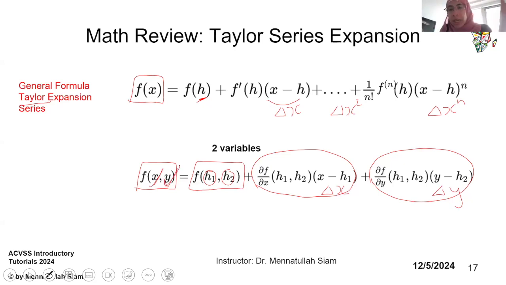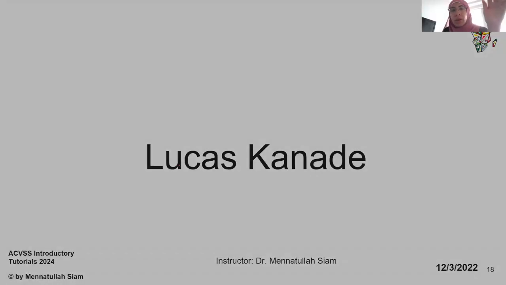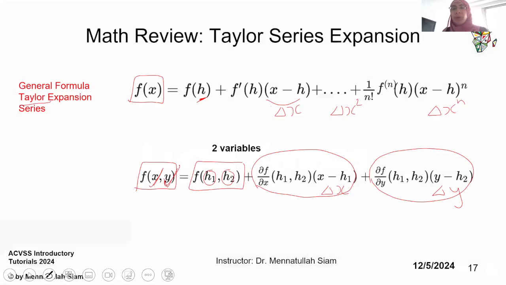Just as a summary, before we go to the optical flow, I want to make sure: does the intuition of the Taylor series make sense, or do you feel like you're still confused? If I ask some of you in layman's terms... okay, I see, Grace, you're saying that you learned it in undergrad.